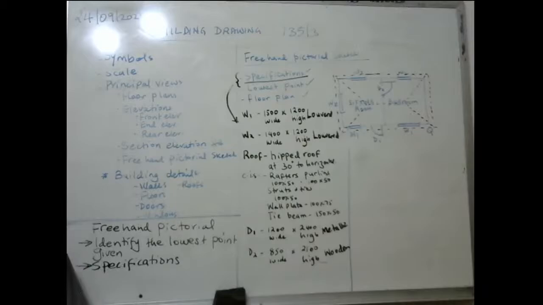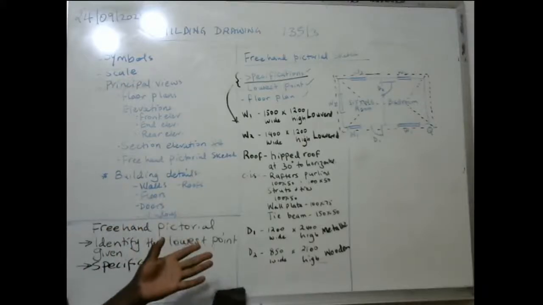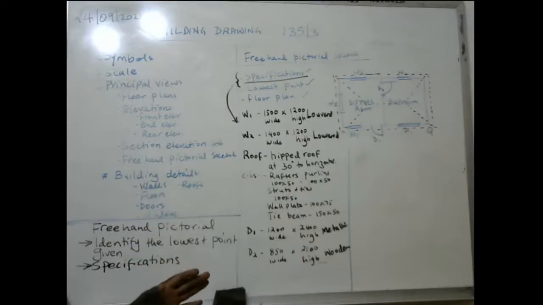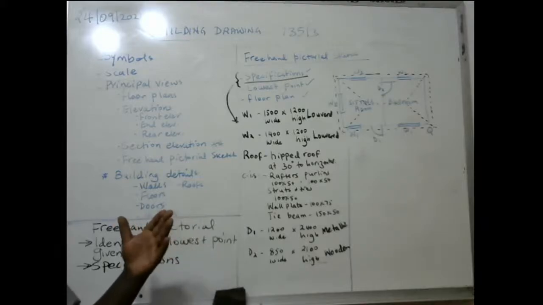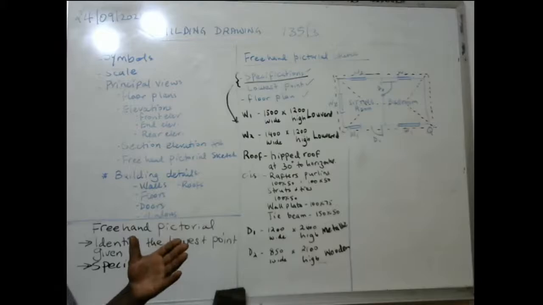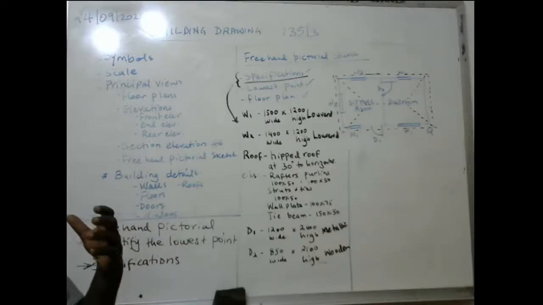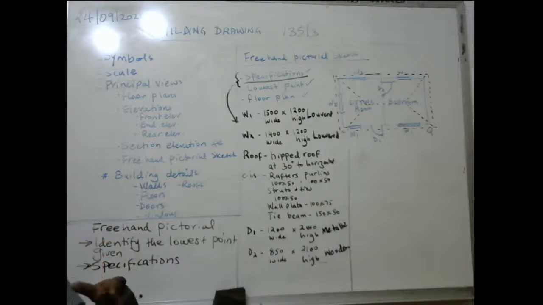So on the outside of the building, you are going to see a certain door, a certain window, but you ask yourself which window is that? Is it wooden? Is it metallic? Is it louvered? Because you are going to sketch it on the paper.